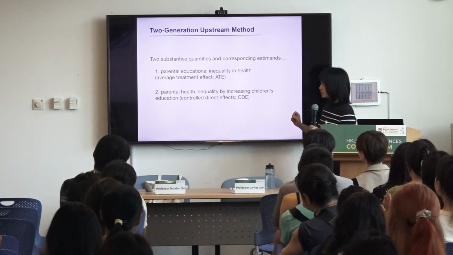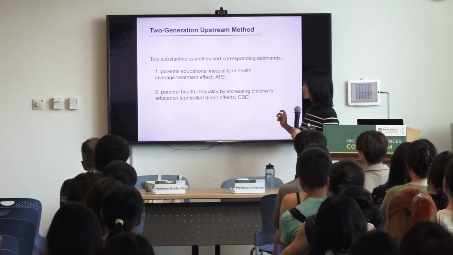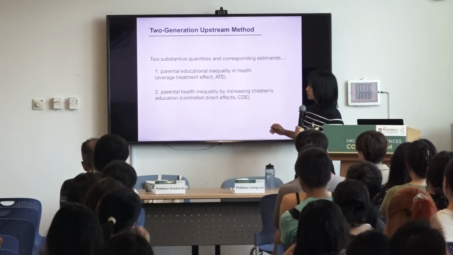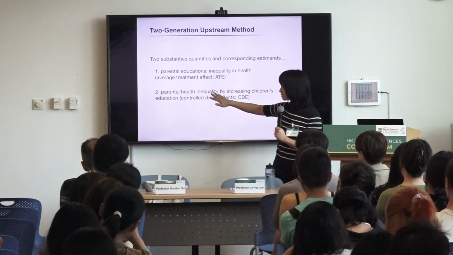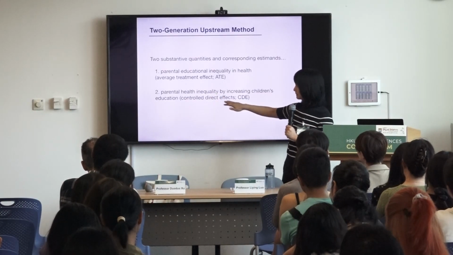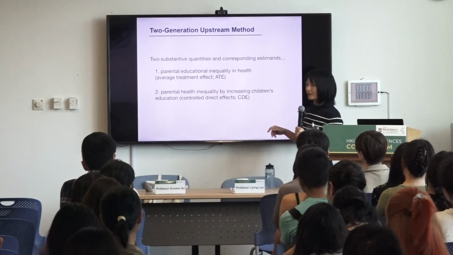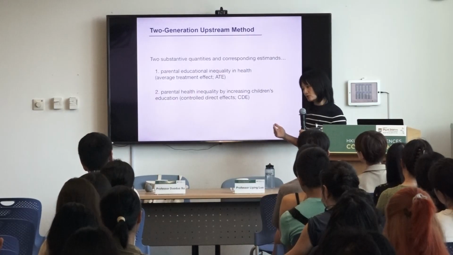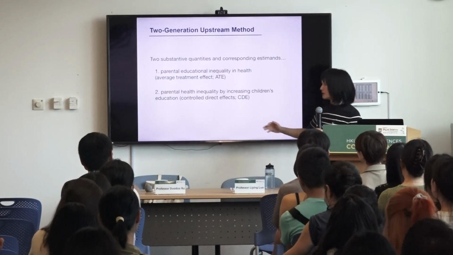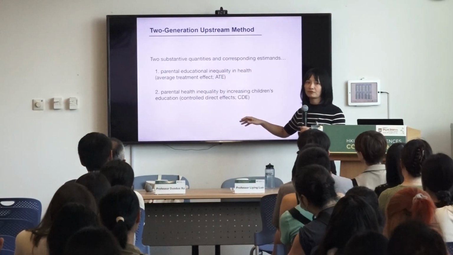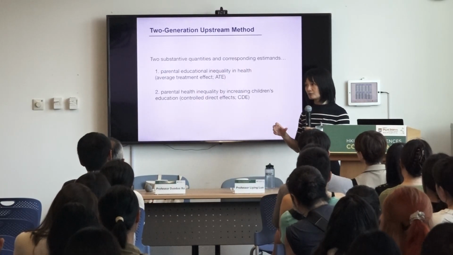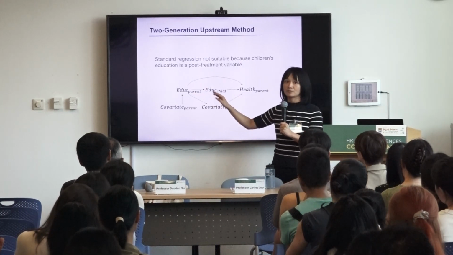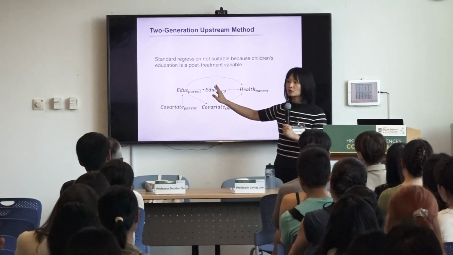Our second goal is to assess how increasing children's education would reduce or increase parental health inequality. To estimate this quantity, we define an estimate called the controlled direct effect, or CDE. I'm still new to this literature, but in causal mediation analysis, the controlled direct effect assesses how changing the mediator, which is the children's education in our analysis, in hypothetical scenarios by setting different values for the mediator.